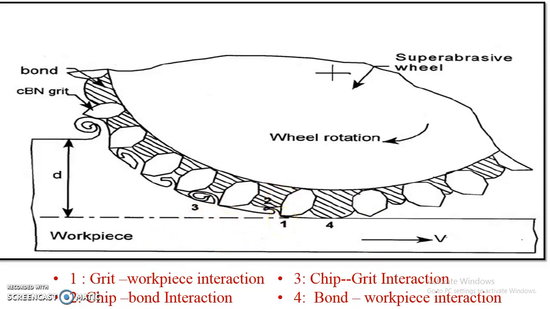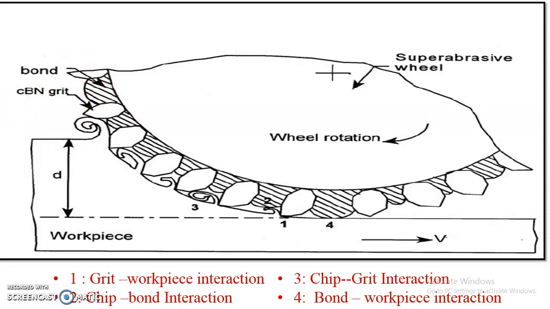Before going to 1, 2, 3, 4, one must understand that this is a grinding wheel which is rotating, and around its periphery a large number of grits are provided. Grits are the circular, white color abrasive particles. Large numbers of abrasive particles are attached around the periphery, and these hatched lines are called a bond. One can call it a cemented agent which connects all the abrasive particles firmly.